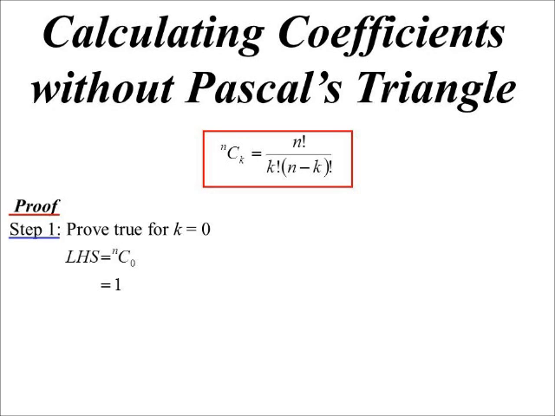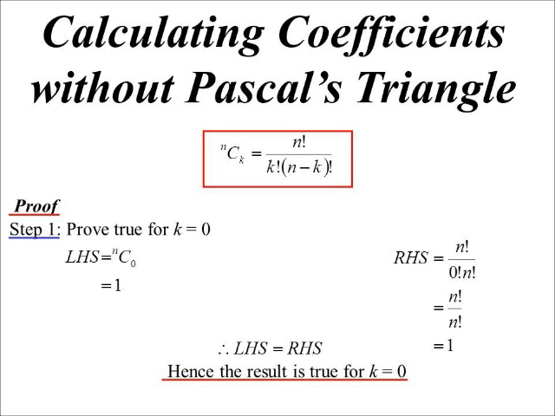So left-hand side, nC0, is equal to 1. Right-hand side, if I put it into our formula, n factorial on 0 factorial n factorial, and remembering 0 factorial is defined to be 1, then n factorial cancels, giving 1. So it is true for our first case of k equals 0.